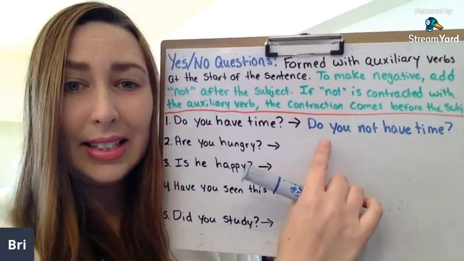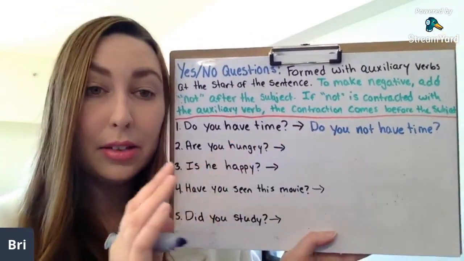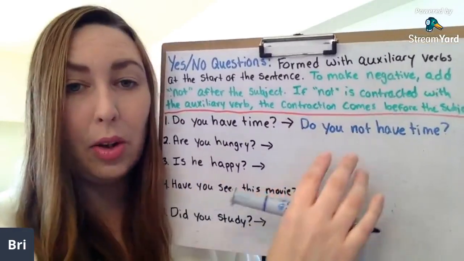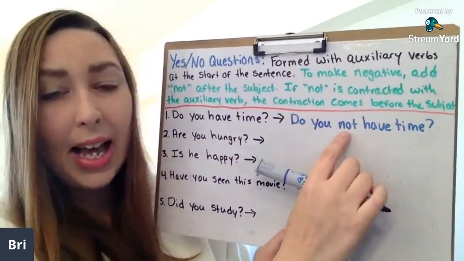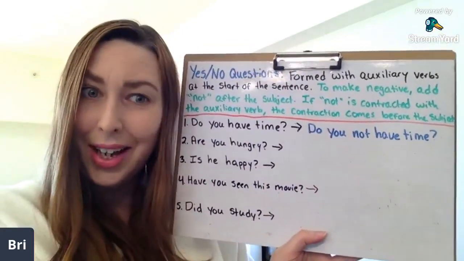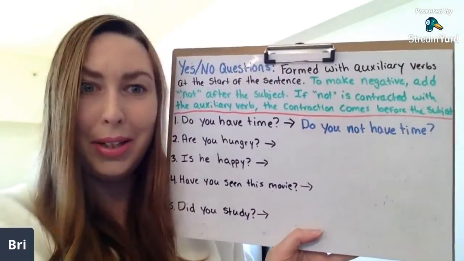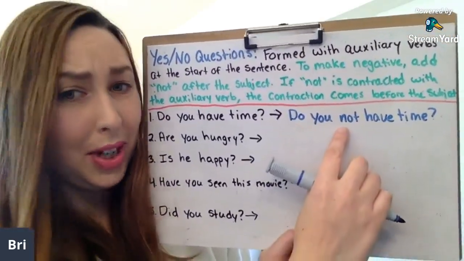So in this case, we don't use this pattern so often. Do you not have time? This kind of sounds like you're emphasizing, oh, do you not have time? I thought you did have time, but you don't have time. So here, do you not have time?